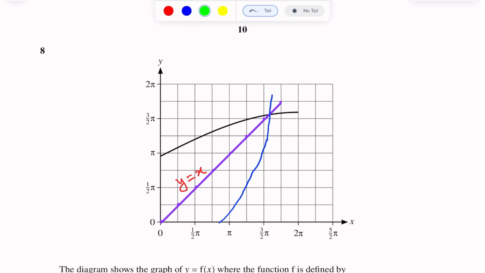This is the graph of f inverse x. This graph of f inverse x is a reflection of this graph in the line y is equal to x. This is f inverse x, and this graph is of f(x).